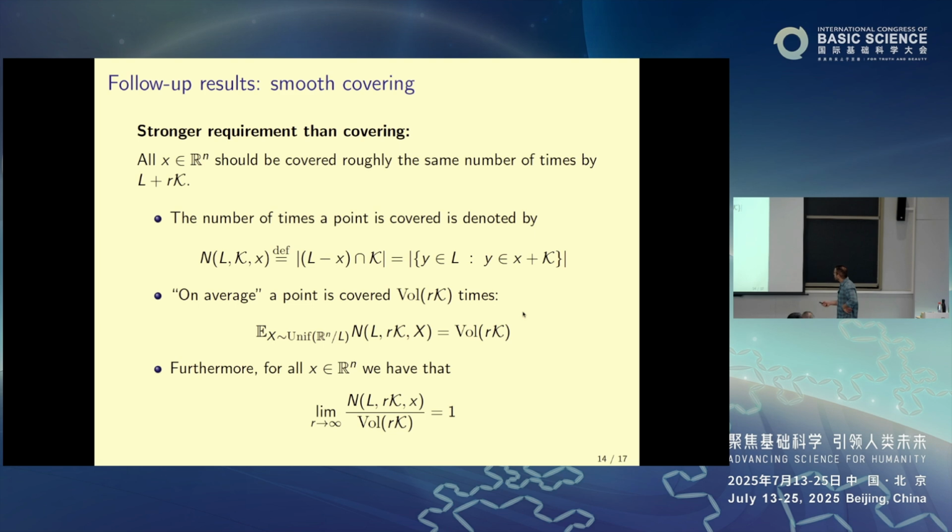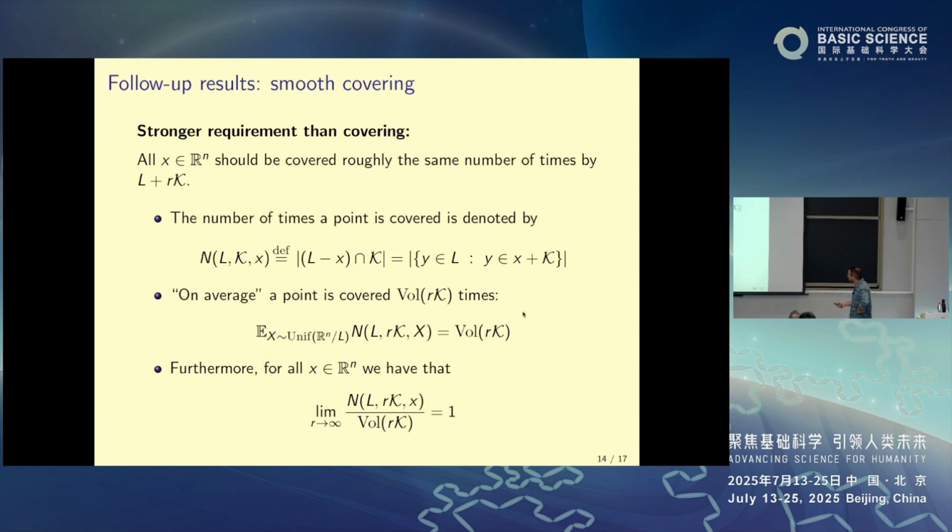So let us define this quantity, N(L, K, x), as the number of lattice points that fall in K shifted by x, right? Equivalently to covering points, I can ask whether a ball around this point has lattice points inside it, right? If a ball around x has lattice points, this is equivalent to covering. And now I'm asking not just if it has points or not, but how many points are inside its shift of the ball.